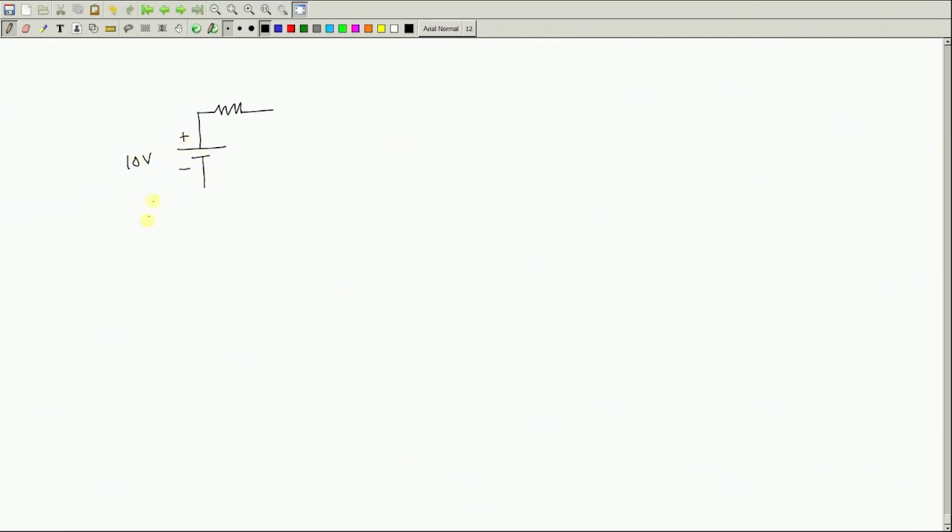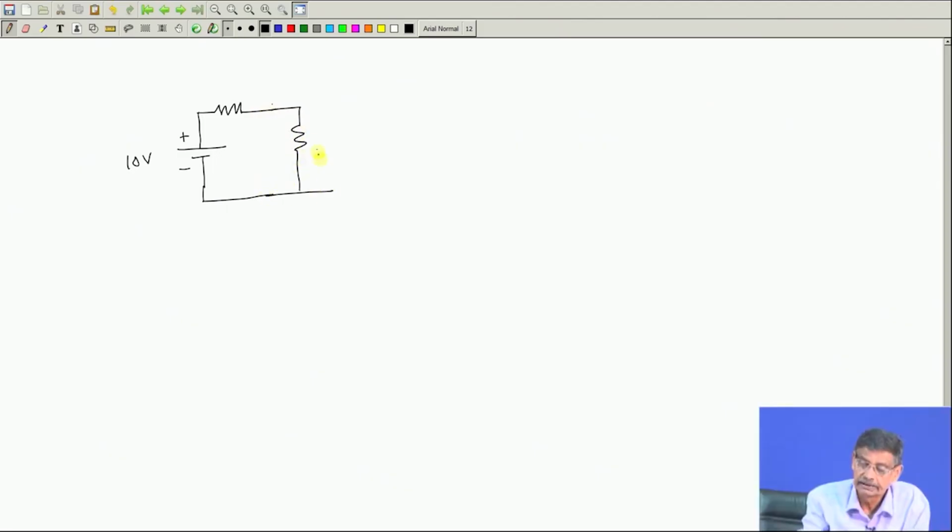Is this a dependent or independent source? It is an independent source. This is how it is specified. This is suppose a 6 ohm resistance connected, and here I show it with a different color. Here it is shown like this.